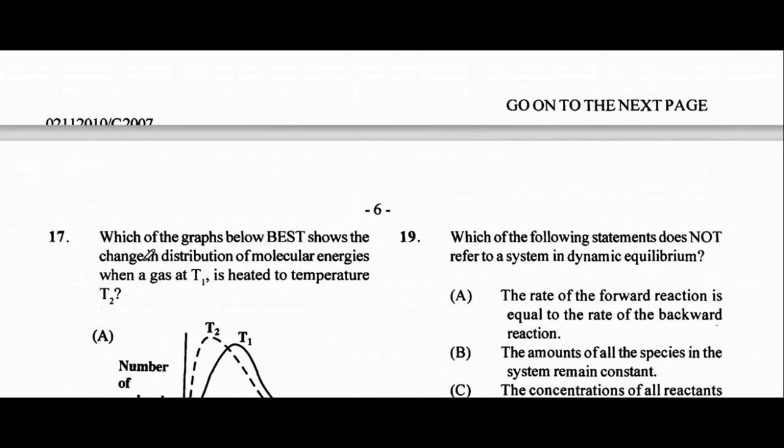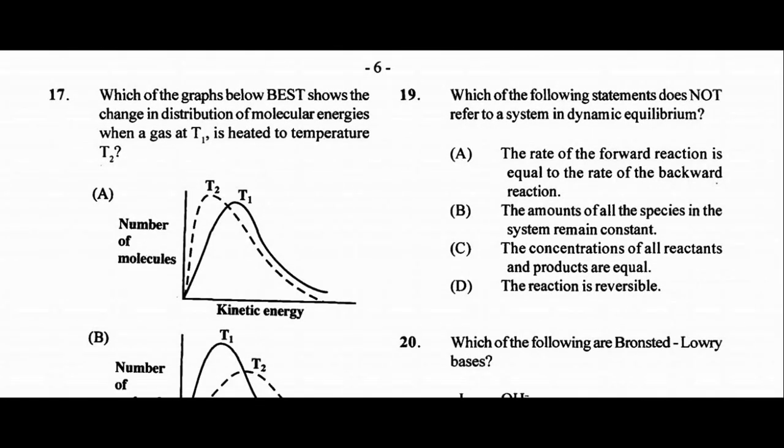Number 17 says, which of the graphs below best shows the change in distribution of molecular energies when a gas at T1 is heated to temperature T2?